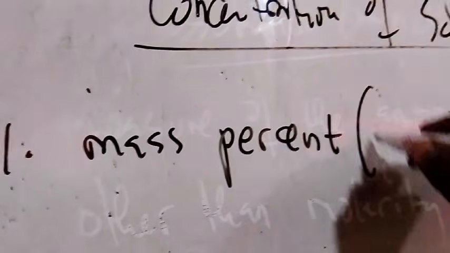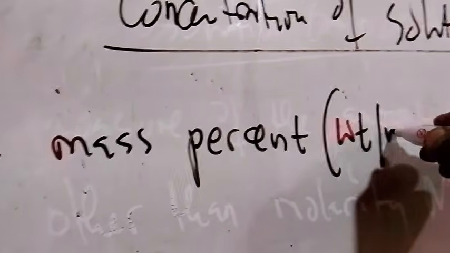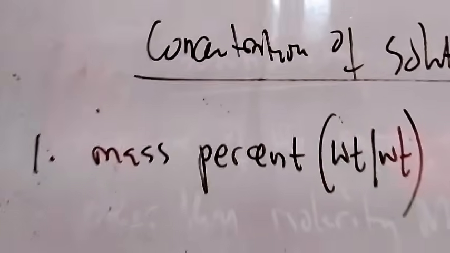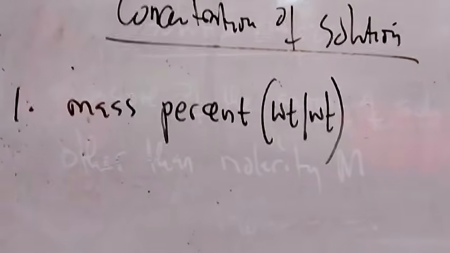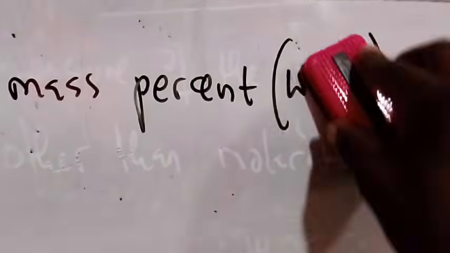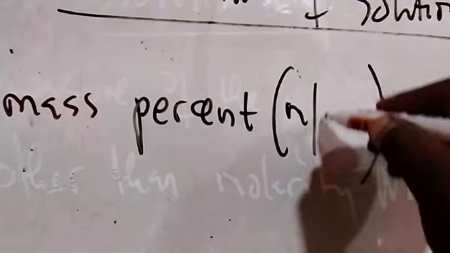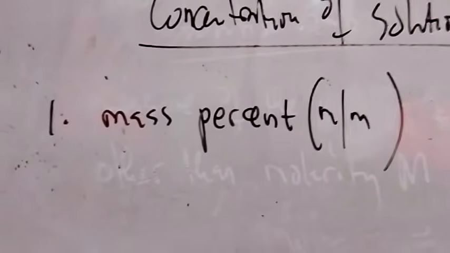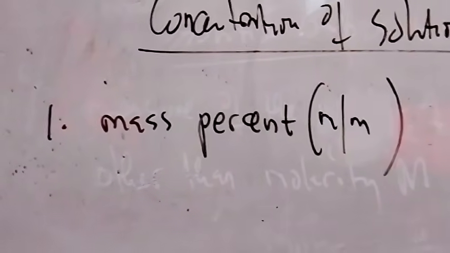by mass percent, weight by weight, or mass by mass. In chemistry, weight and mass can be used interchangeably. When you say weight, we mean mass.